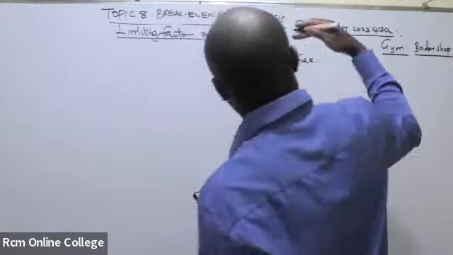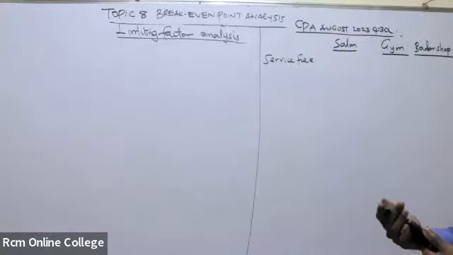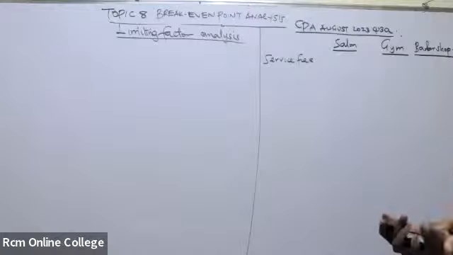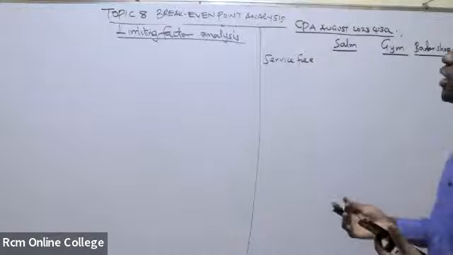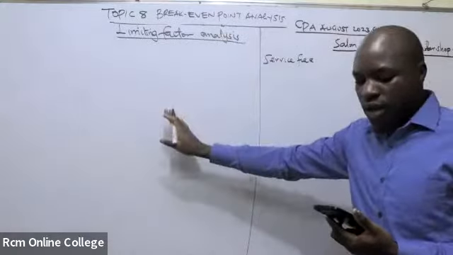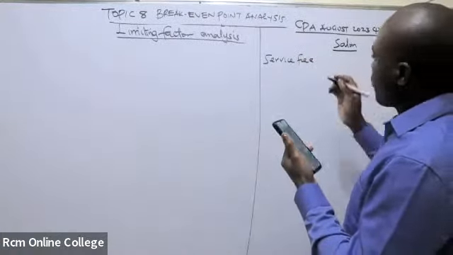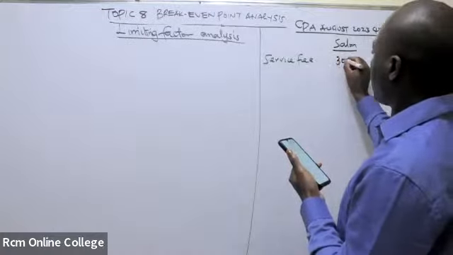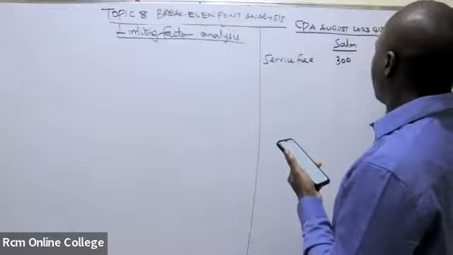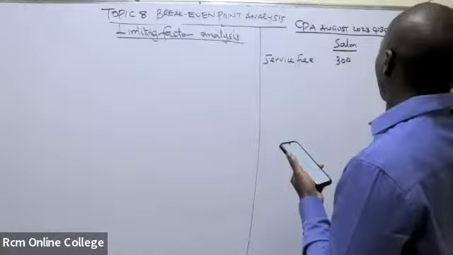Then we deduct all the variable components. Remember, we said topic number 8 is an application of topic number 7, and in topic number 7 we were focusing on the application of marginal costing. Marginal costing is about bringing variable costs together and also taking fixed costs to be together. So we have 300, 390, 200.